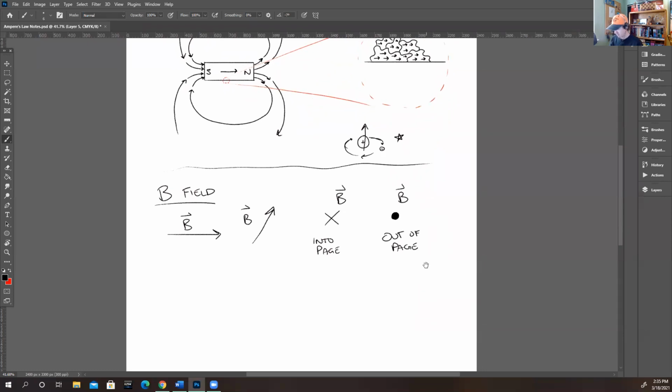An easy way to remember that is thinking of a bow and arrow. If you pull back an arrow and let the arrow go, it'll fly away from you, and you'll see the tail feathers, the fletching on the back of it, and that resembles this X as the arrow goes away from you.